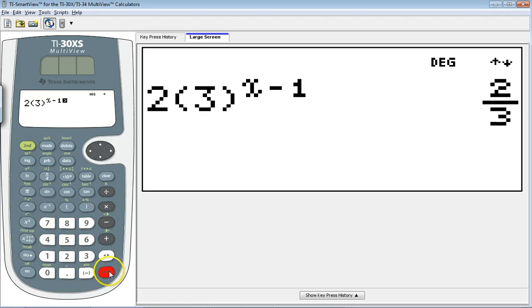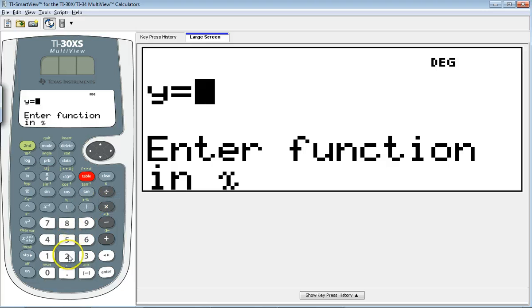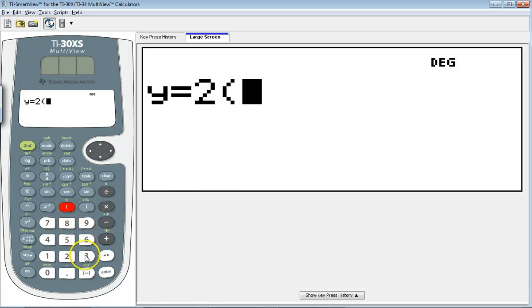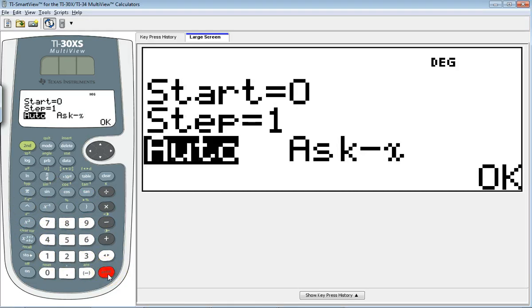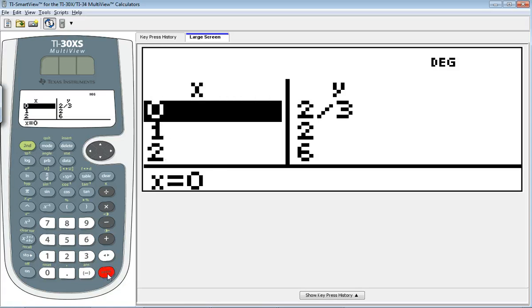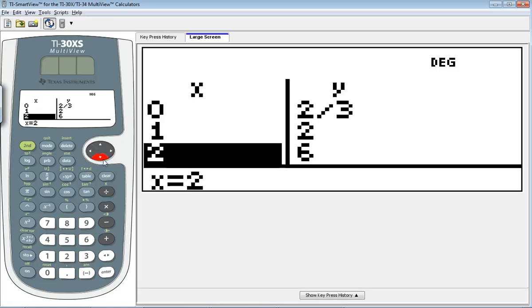I'm just randomly checking options. I meant to put it in a table. One more time, 2 times 3 to the x minus 1 power. Okay, and we need to start off looking at day 1. So, do these numbers match the number of Skittles we talked about? No. So I know it's not C.